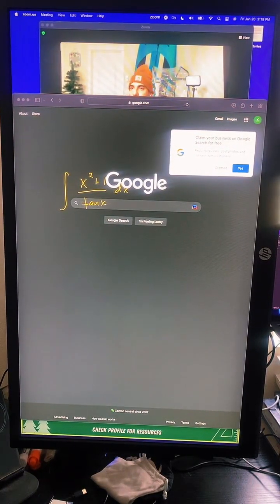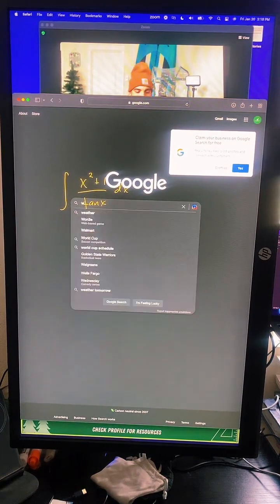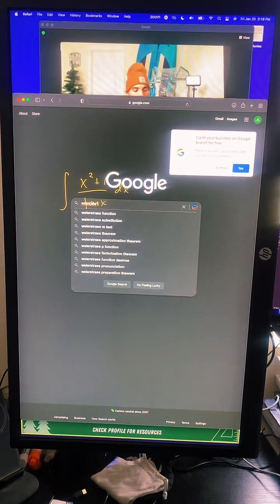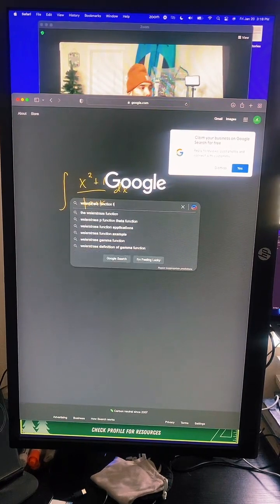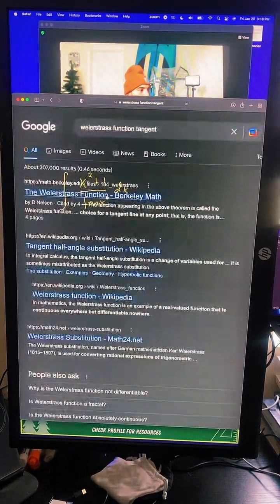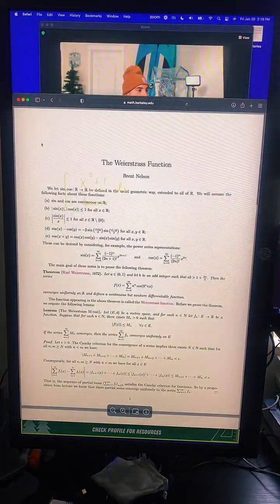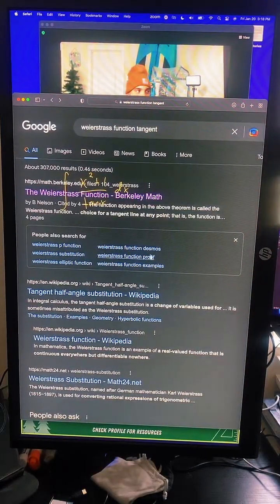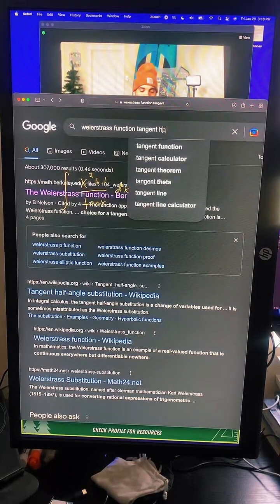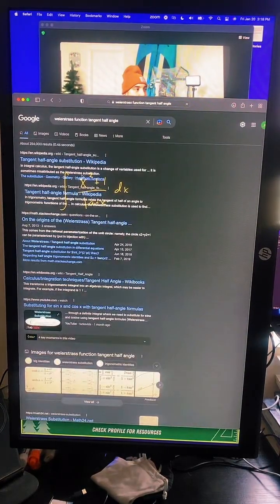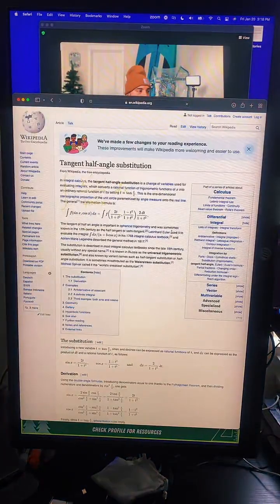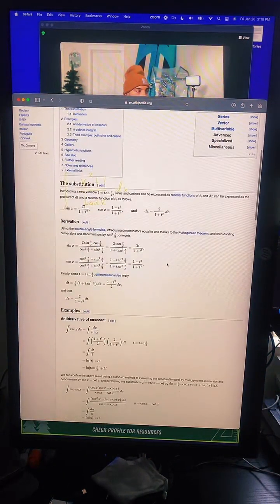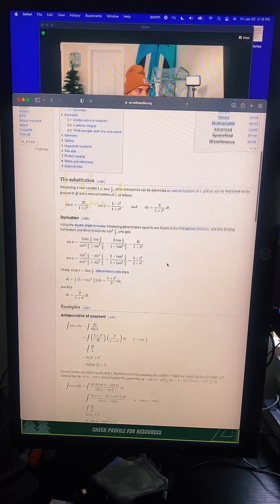Hold on. Function, and I think we're looking for tangent, right? Or for one of those. Whoops. It's not this one. Can someone tell me which one we use? No. We're not using Wolfram. Okay, half angle. This is going to lead us to the half. We're going to talk about the integral of secant, because I think that's going to be extra useful.